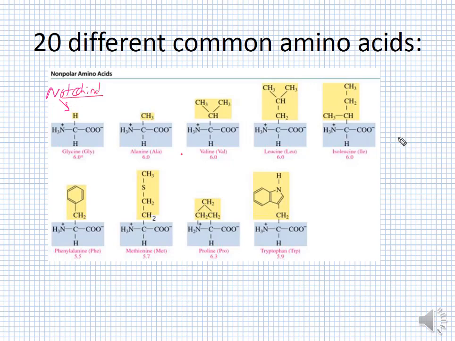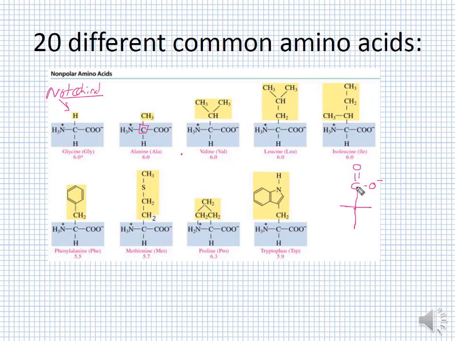And actually, while I have it here, we talked about Fisher projections. In a Fisher projection, we just put a little cross here. We don't put the carbon in that's chiral. Well, that's the alpha carbon. Let's use alanine for example.